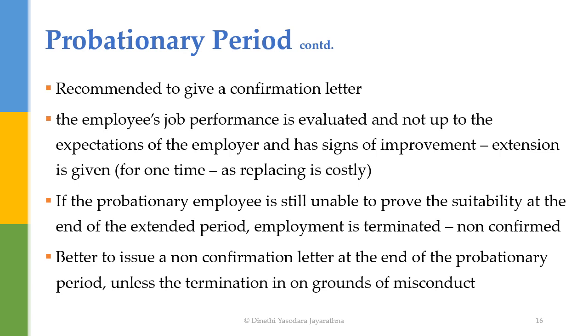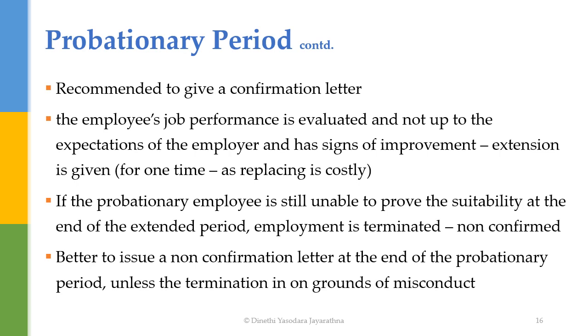So if the employee's job performance is evaluated and is not up to the expectations of the employer but has signs of improvement, as I told you, he has performed well, but it's not up to the expectations. But signs of improvement are there. If we give him a little more time, he might improve.